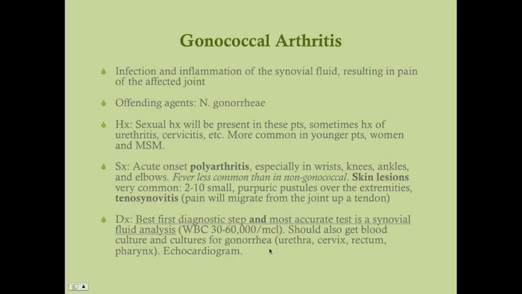So a lot of times it's useful to test for gonorrhea in those non-synovial spaces in addition to getting your synovial fluid analysis. But all the time, if you're suspecting gonococcal arthritis, you always have to get a synovial fluid analysis with culture. It's also useful to get an echocardiogram in these patients because patients with gonococcal arthritis are predisposed to endocarditis. So you'll want to rule that out.